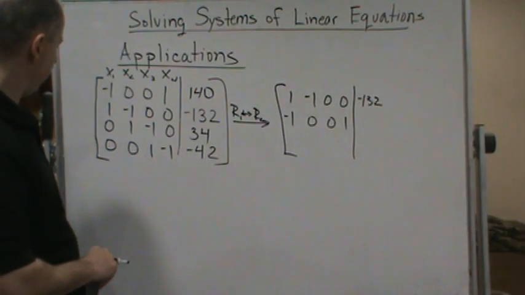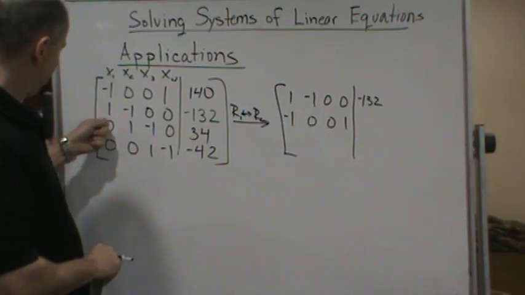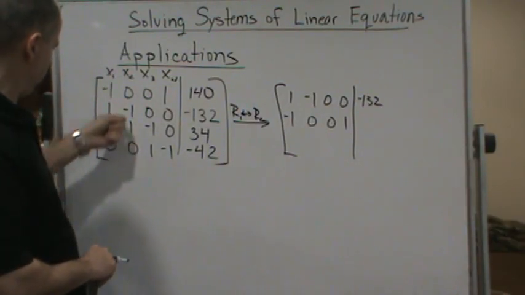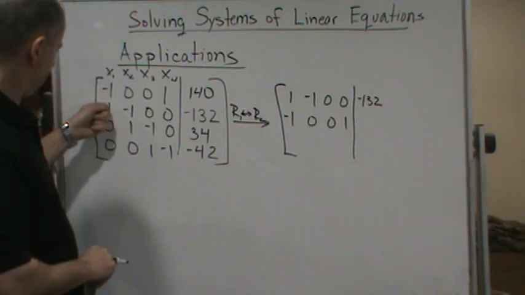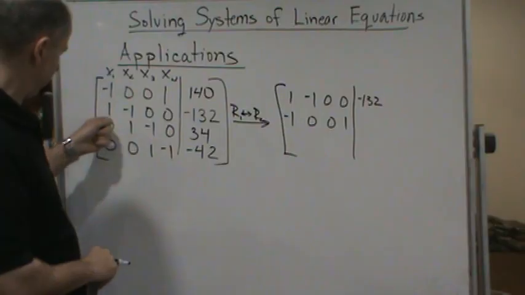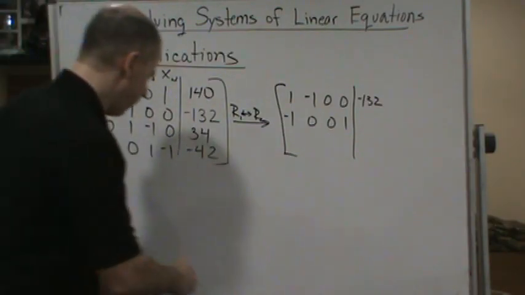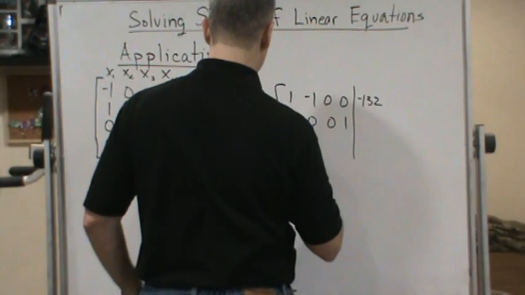So what I could do is just swap all the rows. I'm just going to move the rows around so that this row is in number 1, this row is in number 2, this row is in number 3, and the first row is in 4th position. Right? So why don't we do that?